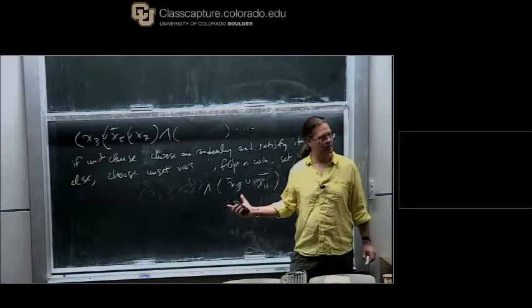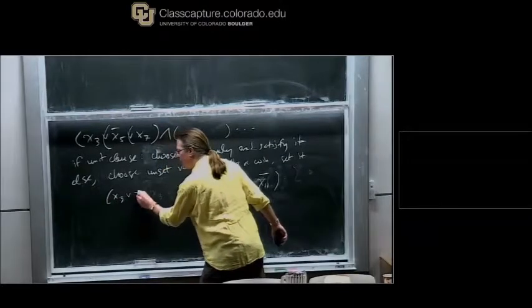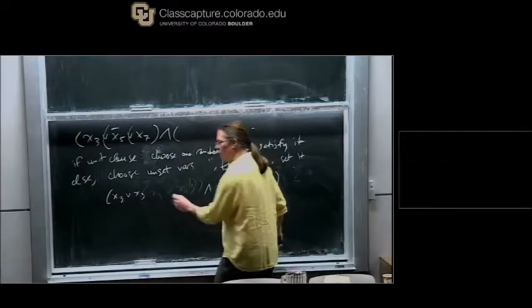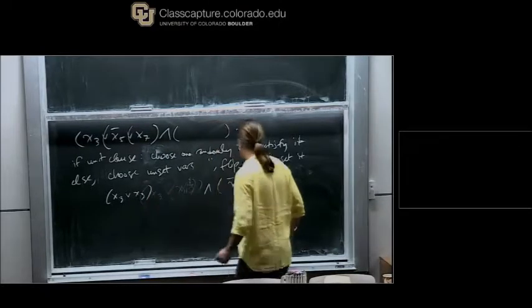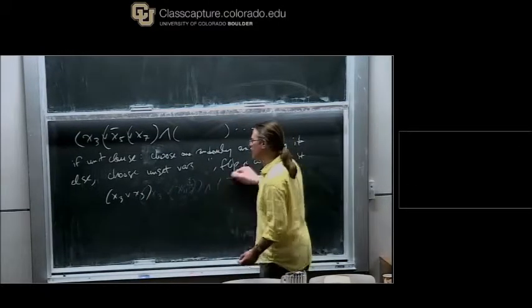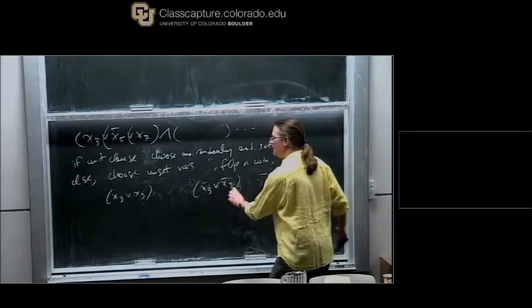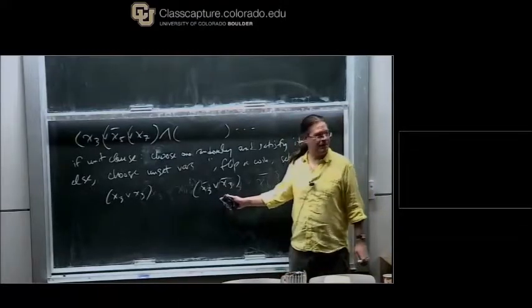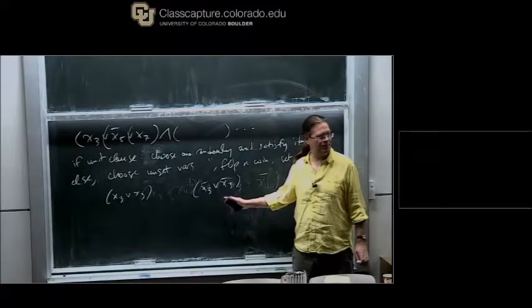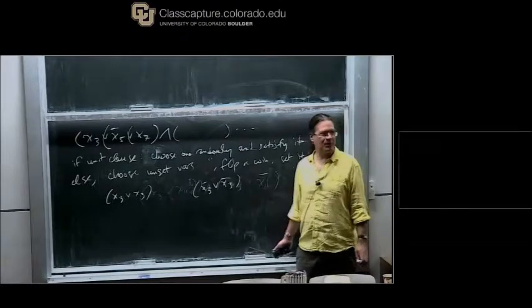Oh, I see. And if somewhere else we have not x3 or not x3, let me point out that this would be very rare in these sparse random formulas. But in any case, yes, the algorithm would flip a coin.